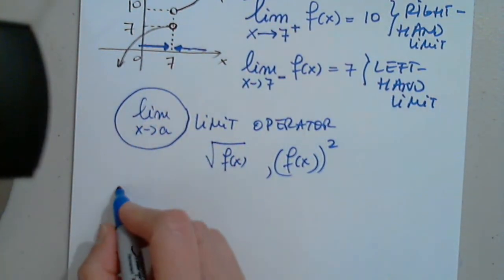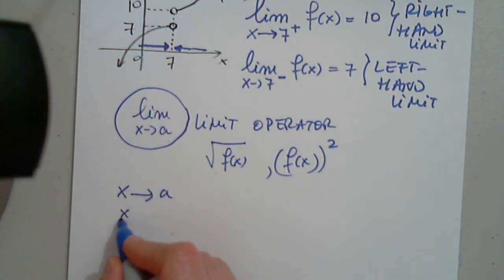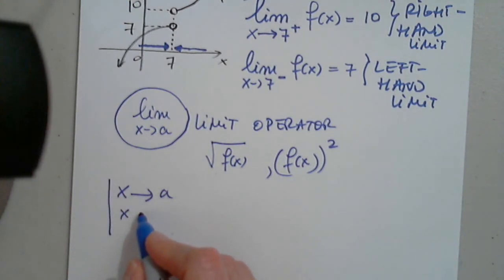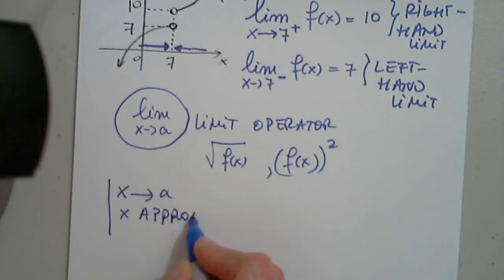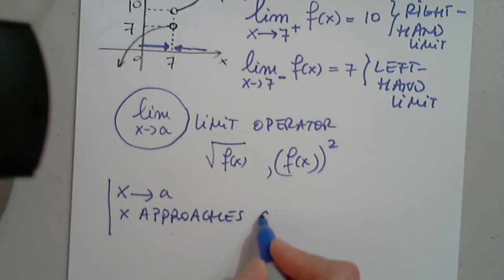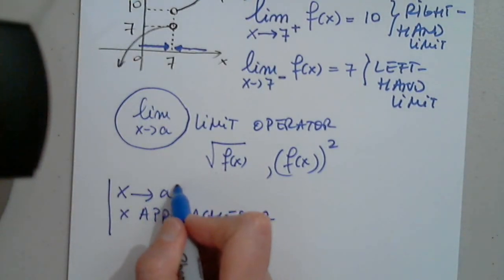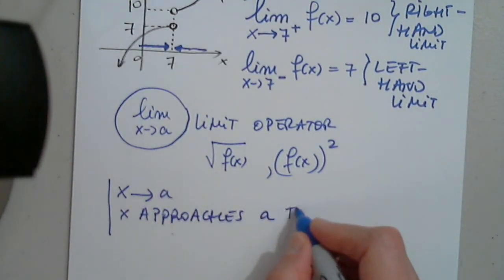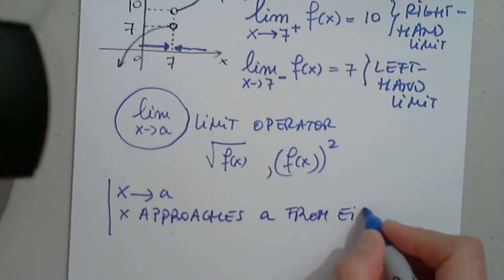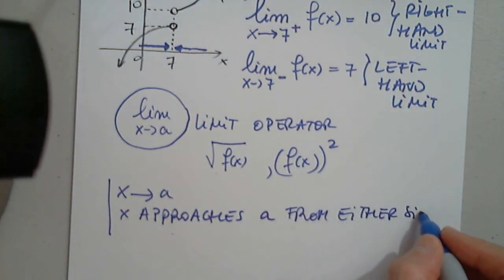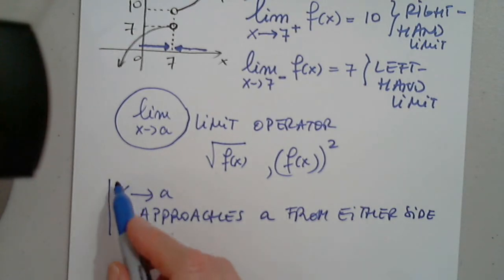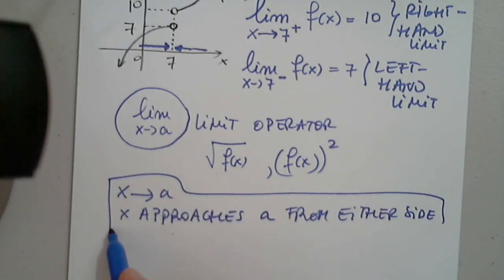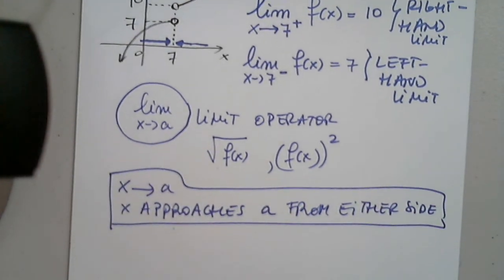So two things about this. One more time. X approaches A, but if I don't have any symbol, it means from either side. It's not specified, which means it can come from either side.